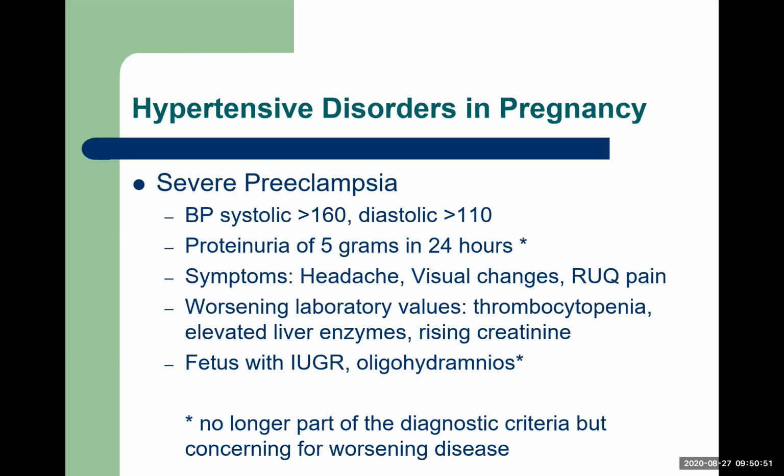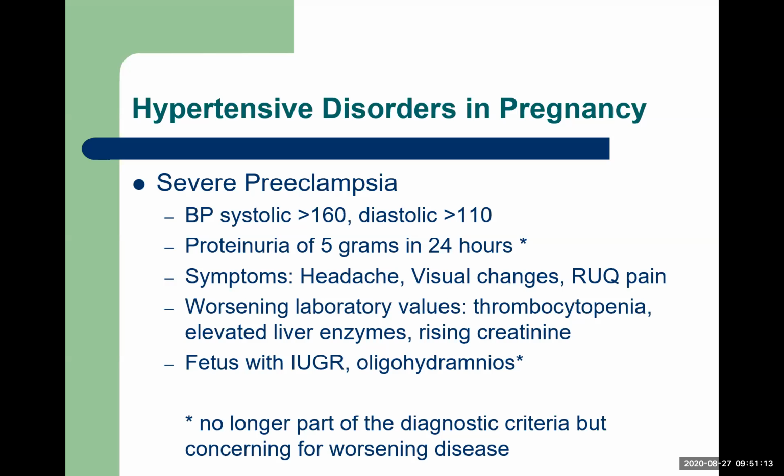If you have a patient that's spilling 5 grams, 10 grams of protein, even though the protein alone is not going to make them severe preeclamptics, it is a patient that in my eyes is sicker or has the risk of getting worse than a patient that does not have a lot of proteinuria.